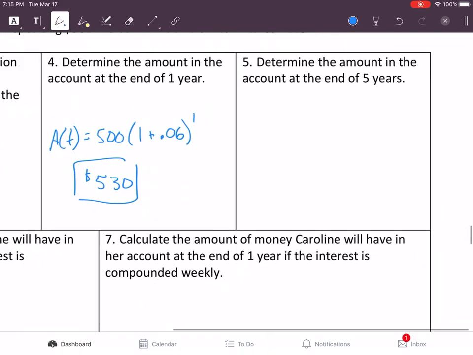Okay, number 5, same idea, but this time we're going to do 5 years. Since we're doing yearly again, the K value is still 1. So we have A of T equals 500 times 1 plus 0.06. And this time the T value is 5, 5 as our years. All right, again, we can go to our calculator.